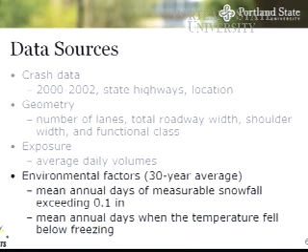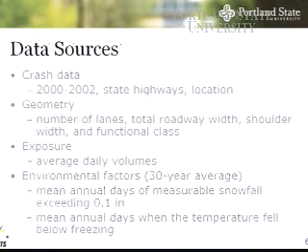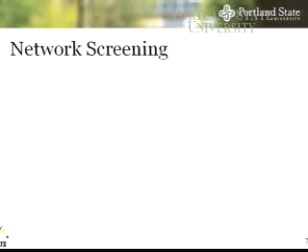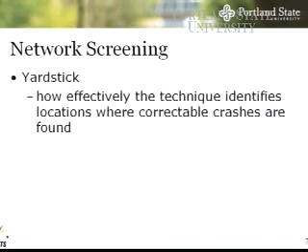These are data collected by NOAA, and I'll show you on the next slide the spatial resolution of those data. And we were able to associate the typical average weather conditions for a particular highway region.